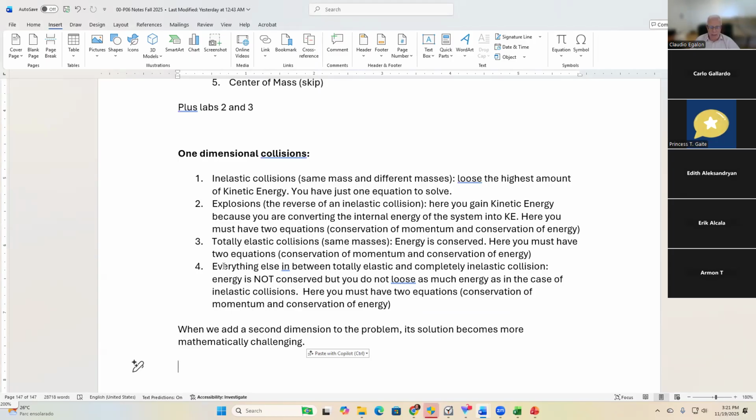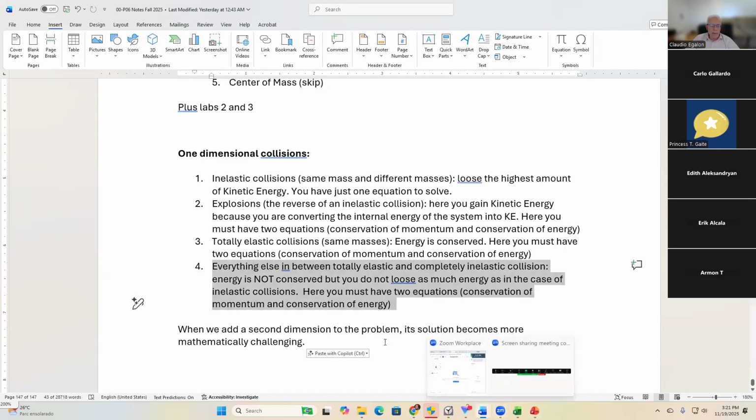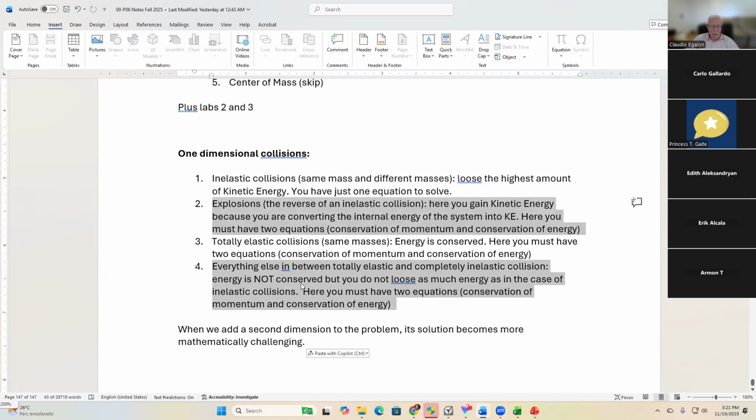That's partially elastic collision. Explosions, in a way, the process of solving the problem of explosions is similar to the process of solving a problem in partially elastic collision.